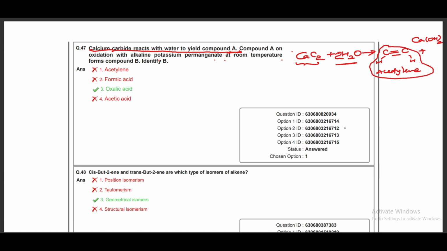Clear? So this acetylene compound on oxidation with alkaline potassium permanganate at room temperature forms compound B. So take this acetylene, our A compound.